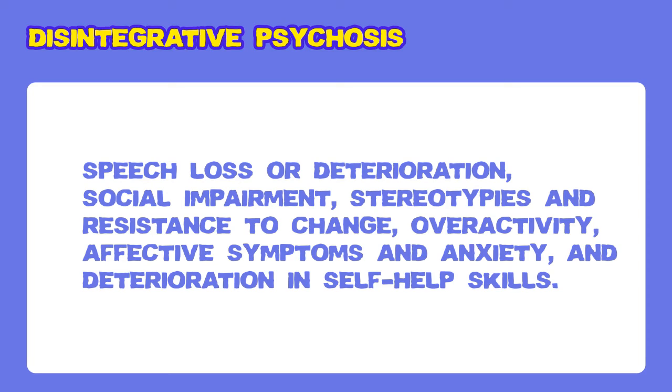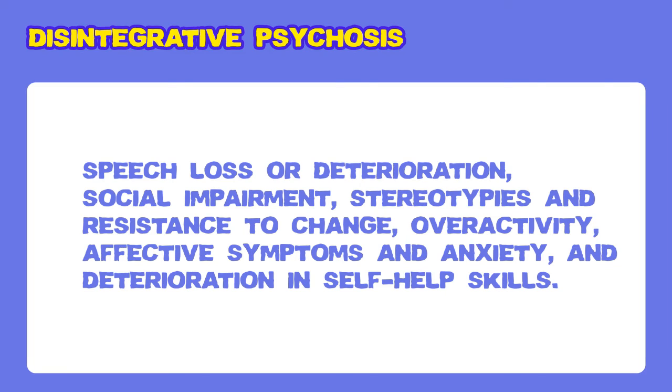The regression can be very rapid. Some children may appear to be responding to hallucinations, but the most common and distinct feature is the regression of previously attained skills. Individuals with CDD typically manifest speech loss or deterioration, social impairment, stereotypes, and resistance to change, overactivity, affective symptoms and anxiety, and deterioration in self-help skills.